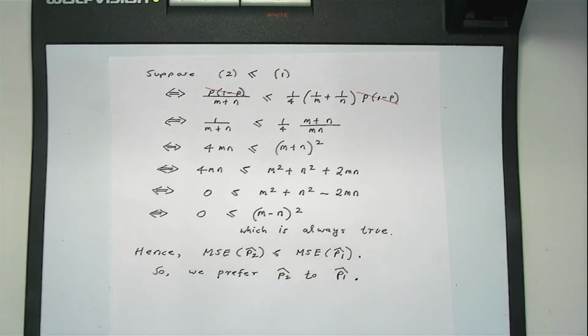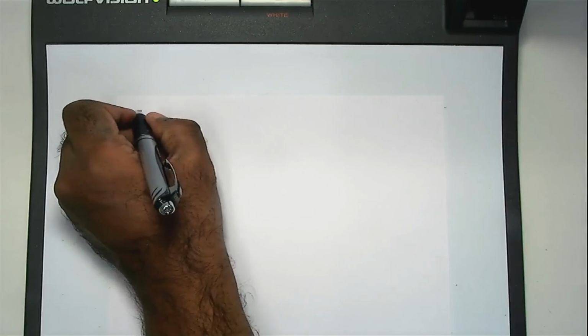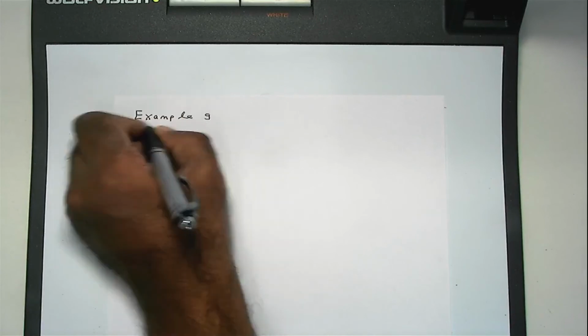Okay, remember you choose the estimator that has the smaller MSE, right? In this case, P2 hat has the smaller MSE, right? Okay, so this completes example 8. Next example, 9, right?